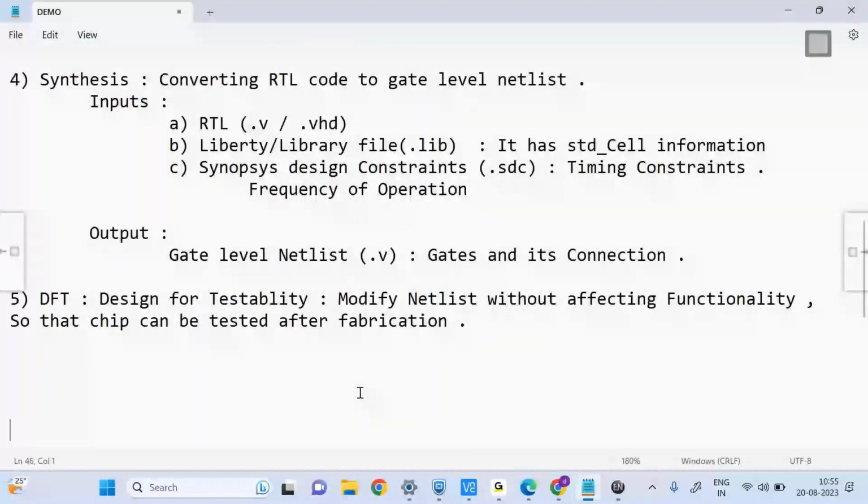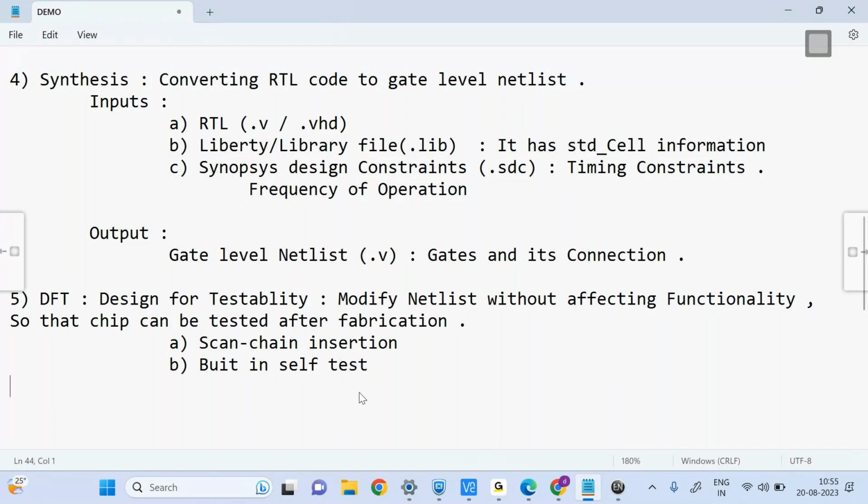They use different methods like scan chain insertion, built-in self-test, and ATPG, automatic test pattern generation.